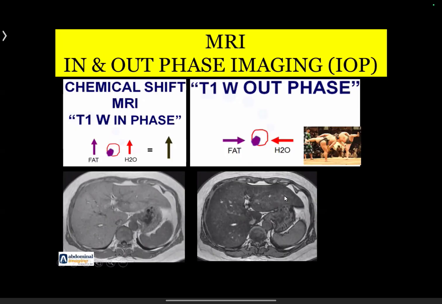So this is a qualitative way where you say, okay, the liver is slightly bright on in phase and there is a drop on the out phase. So this is fatty liver, but more important is to give a quantification.